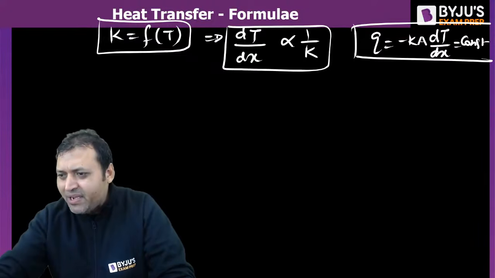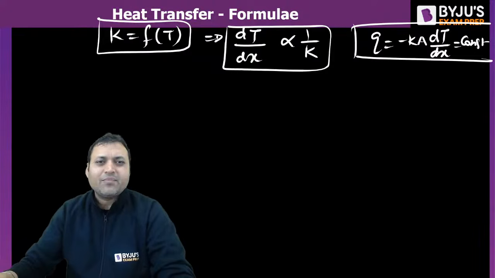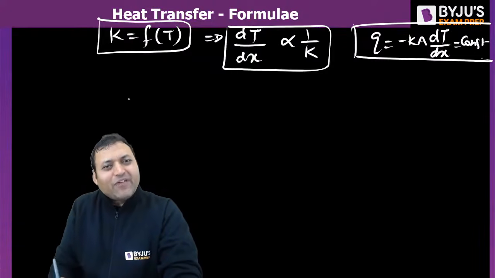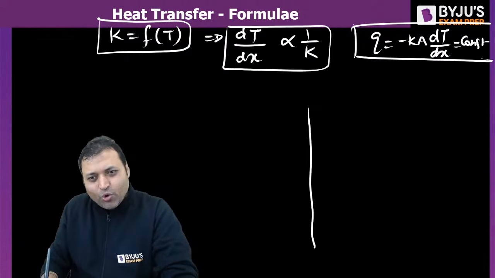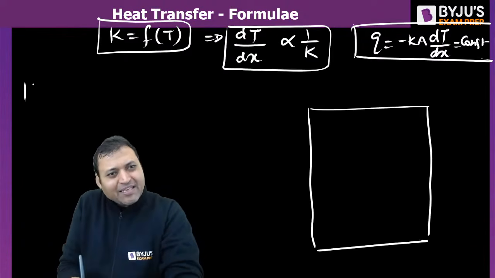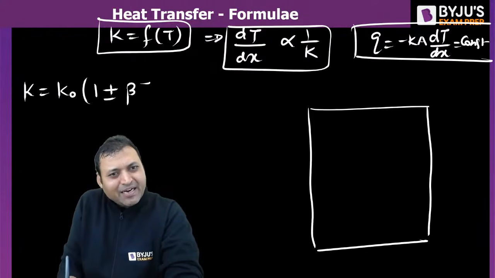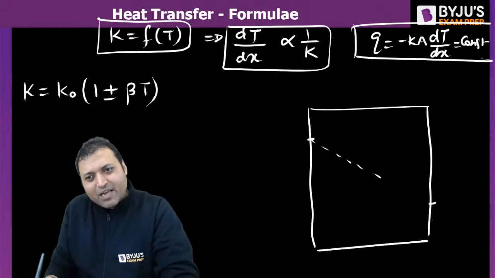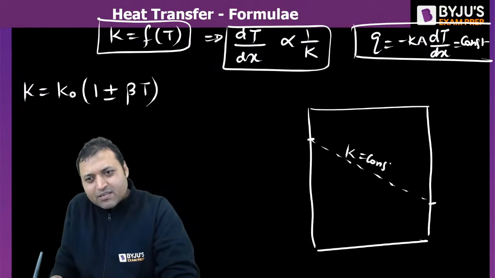Are you able to hear me? I hope you guys can hear me. So if thermal conductivity is variable, then we can draw the temperature profile like this, for K equal to K naught into 1 plus or minus beta T. For K naught 1 plus beta T, this is for average thermal conductivity, where K is constant and equal to K average.